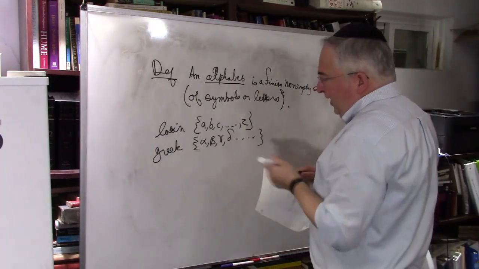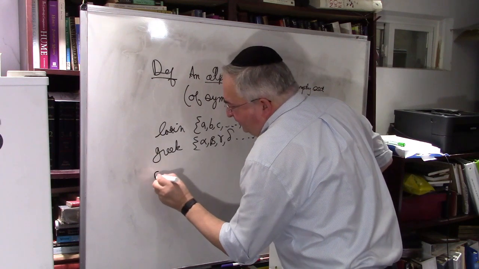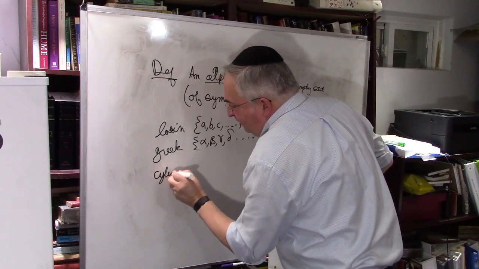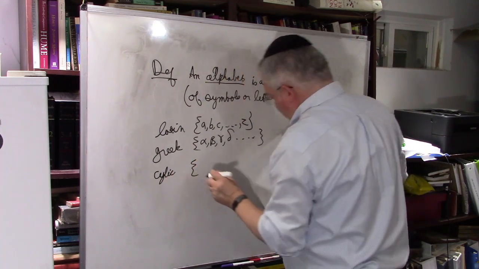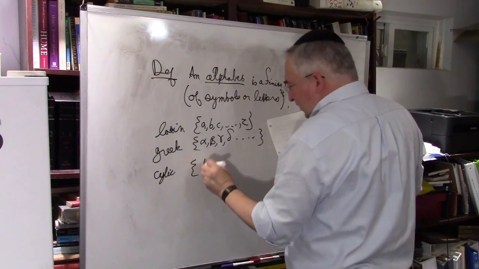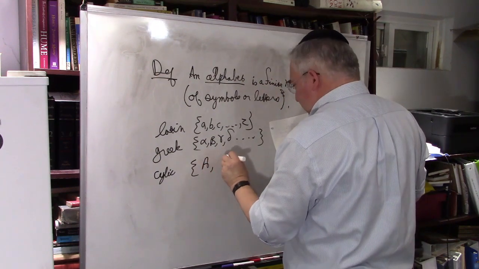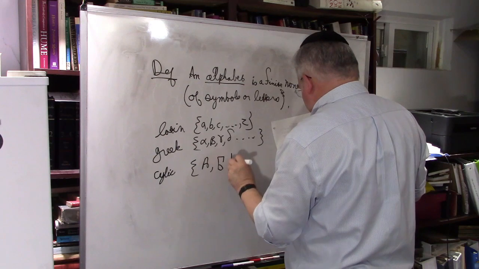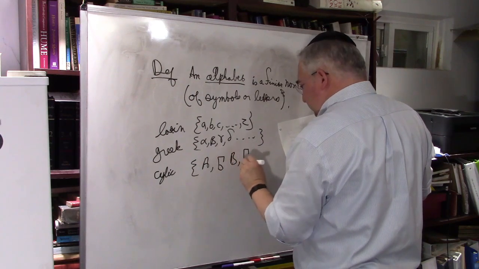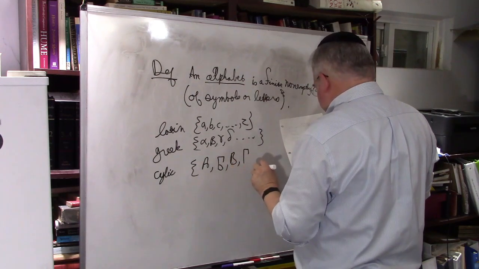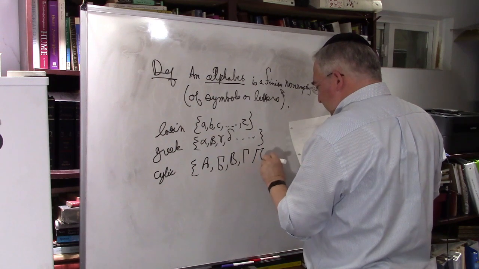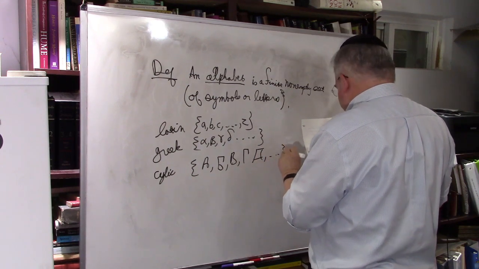And you can have the Cyrillic alphabet, and that has symbols like this, and this, and this, and that, lots of others.